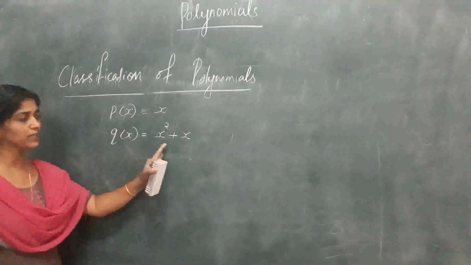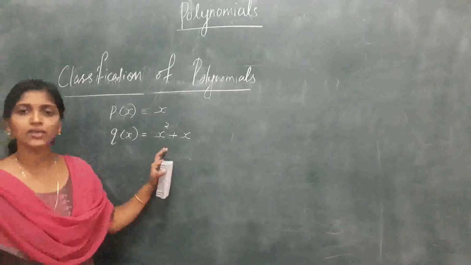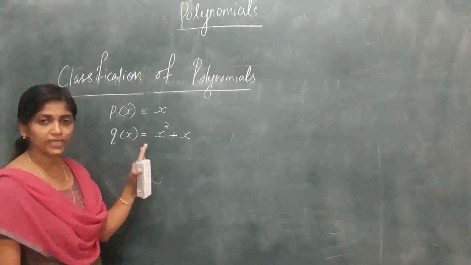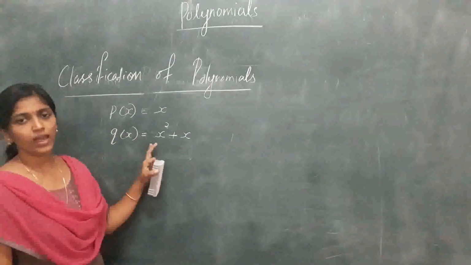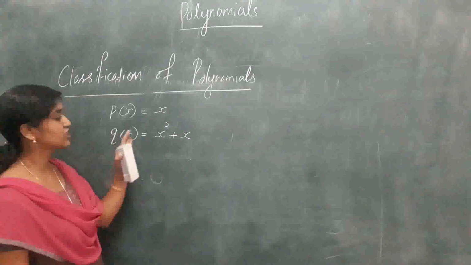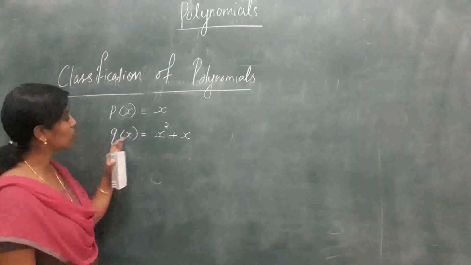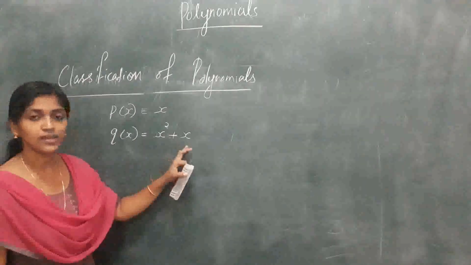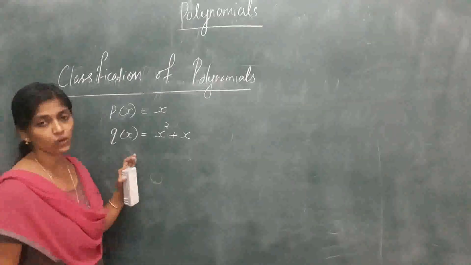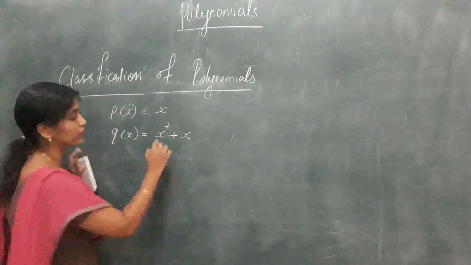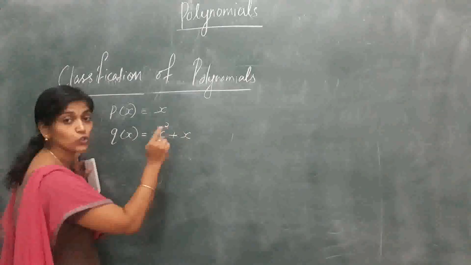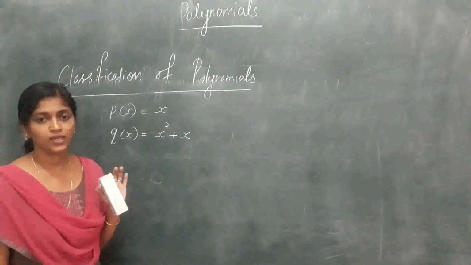It's also an algebraic expression in one variable, and it's a polynomial. How many terms does it contain now? The number of terms is 2, isn't it?